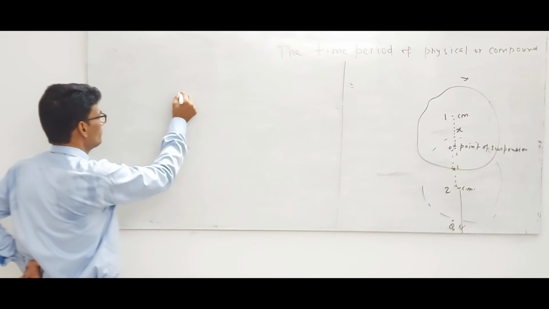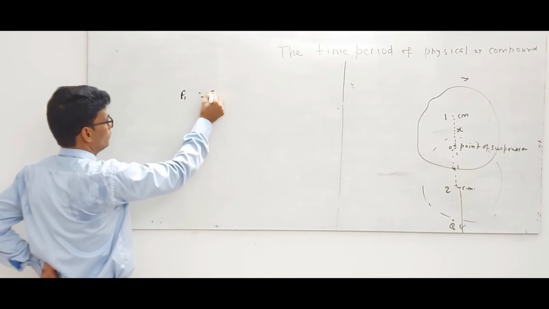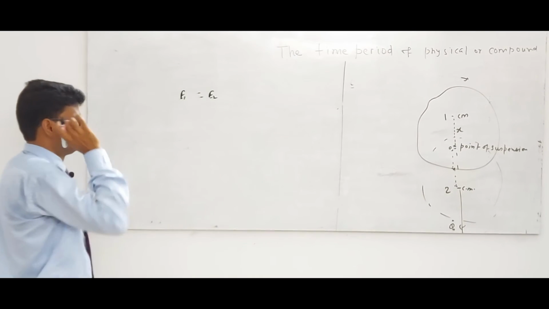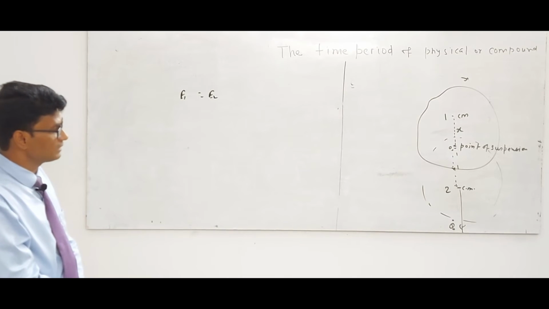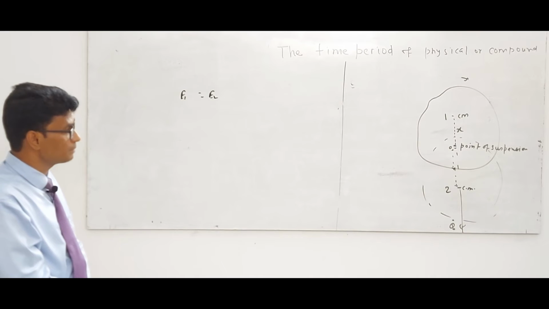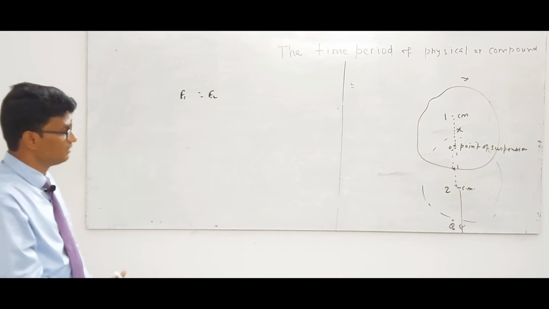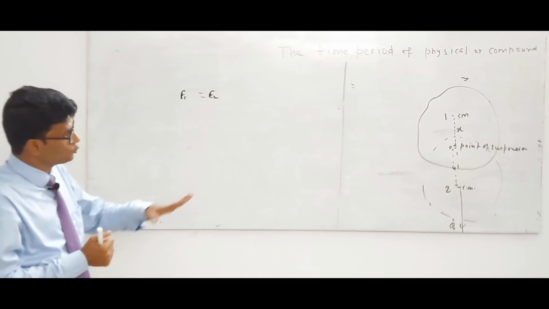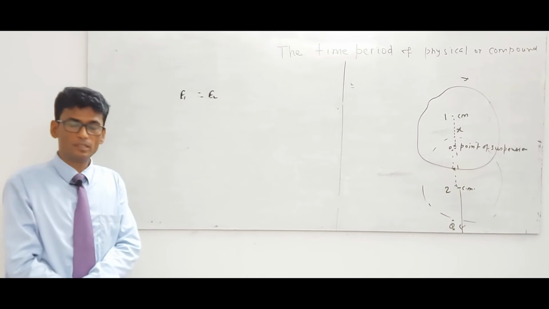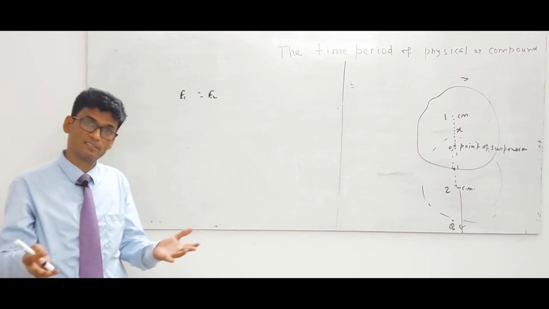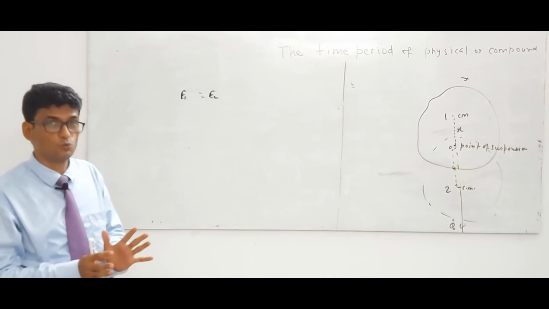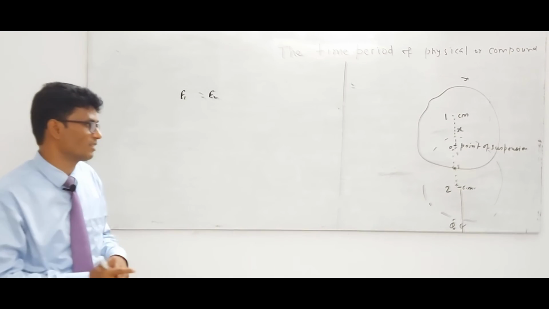So E1 is equal to E2. Consider the potential energy of the physical pendulum and Earth system at position 1 and position 2. We have to choose the reference where potential is 0, and it can be anywhere in the universe, but we should choose a convenient one.